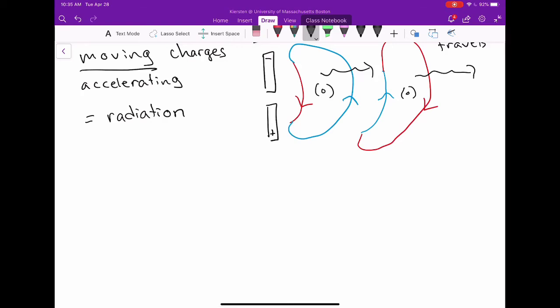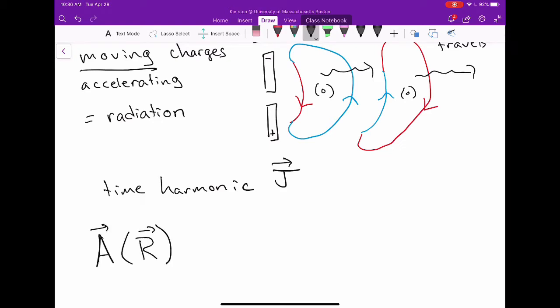If we have a time harmonic current J, then we can write down the magnetic vector potential A due to that current like this.